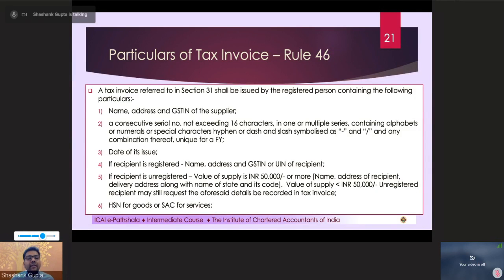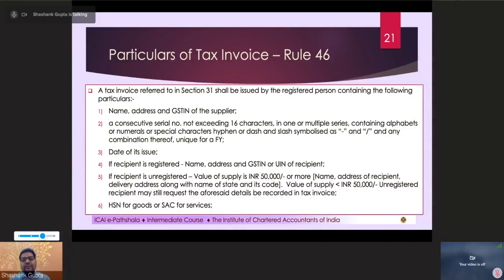Next detail required is the date of issuance of invoice. Next, if recipient is registered, that is, if I am providing services to a registered recipient, I need to mention name, address and GSTIN or unique identification number of the recipient. If the recipient is unregistered, and if the value of supply is INR 50,000 or more, then I have to mention name, address of recipient, delivery address along with name of state and its code.